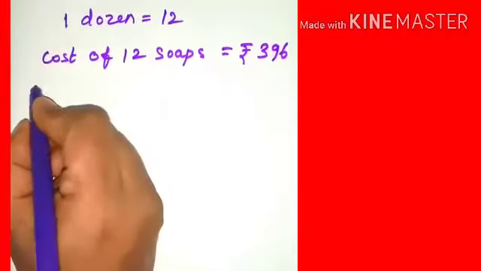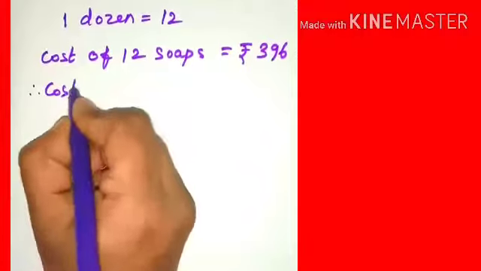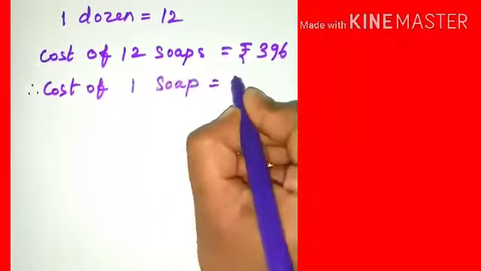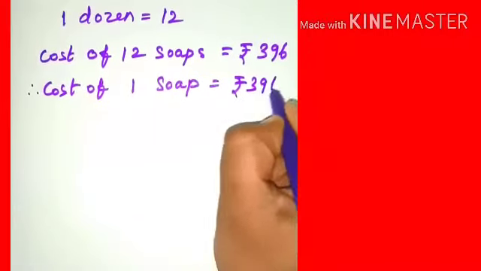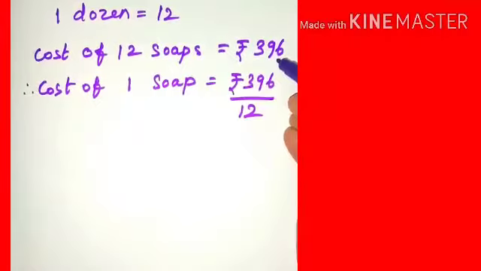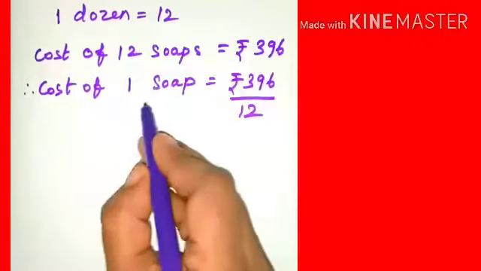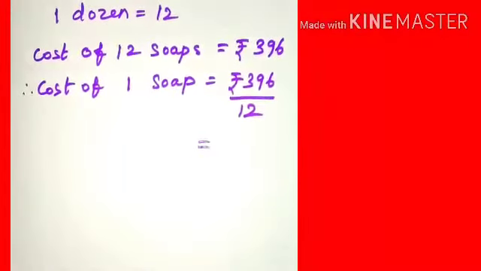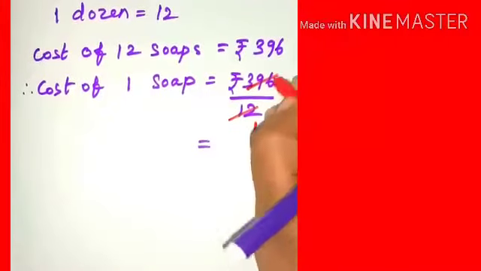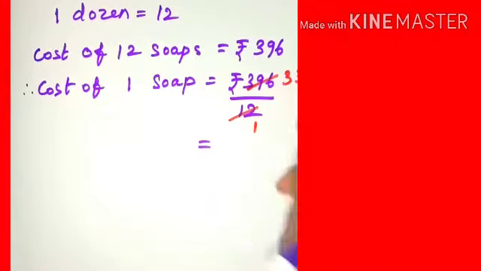So by the unitary method, first we have to find the cost of one soap, which is 396 by 12. By dividing, we get the cost of one soap, which is 33.